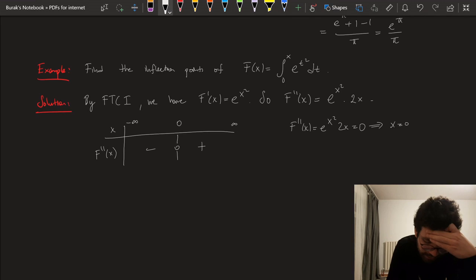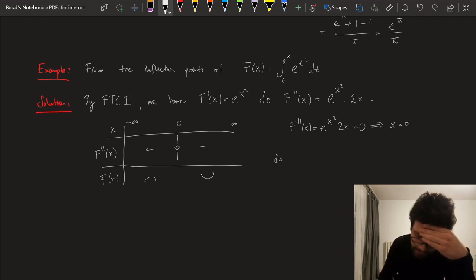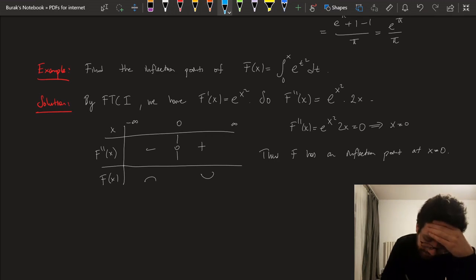So my function is concave down here, concave up here. So this is an inflection point. Thus F has an inflection point at x equals 0. Okay, so I get an inflection point.